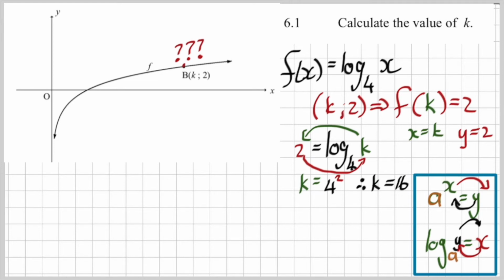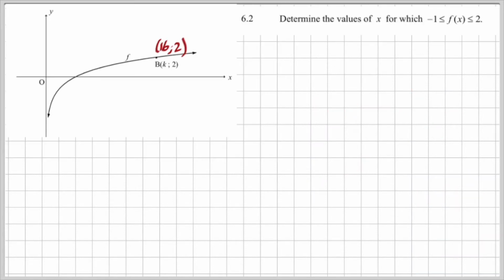When I go on to question 6.2, remember to write this in on your sketch. So when I look at question 6.2, now I'm asking you, where is the y value between -1 and 2?